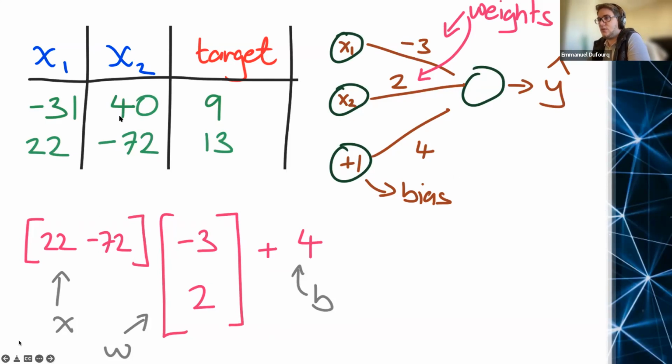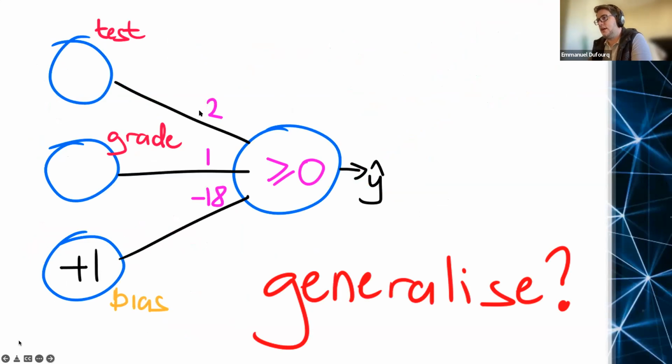So this is how we obtain the values y hat, which are the predictions. We just multiply the inputs by the corresponding values of the weights, and we add everything up. But in this case, we had two features, test and grade. Can we generalize to more features?